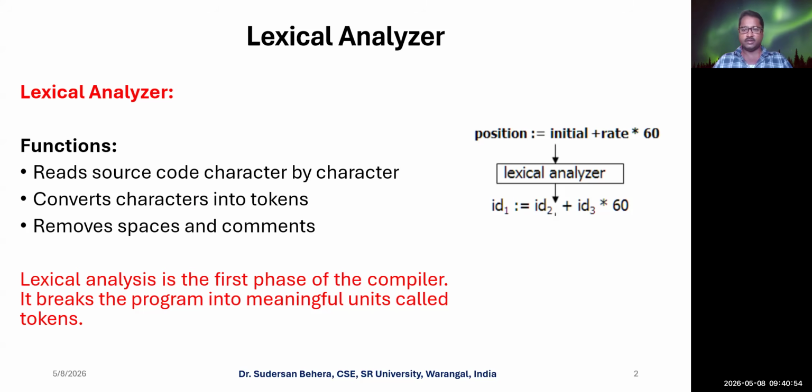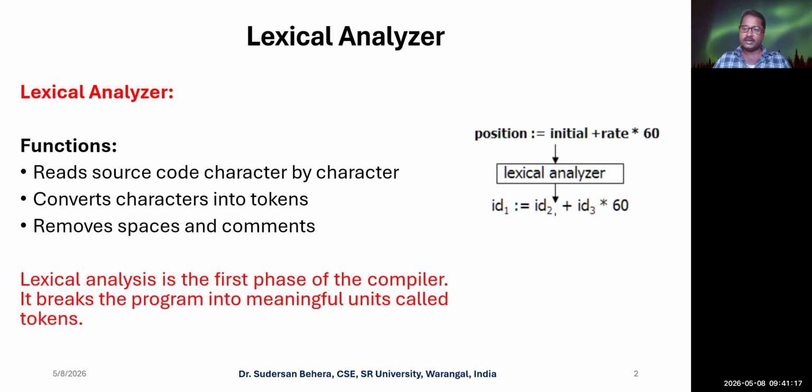Next, it reads the plus symbol. Plus is an operator which is predefined, so it does not perform much action on that. Then it reads the third word present in the line, that is rate.